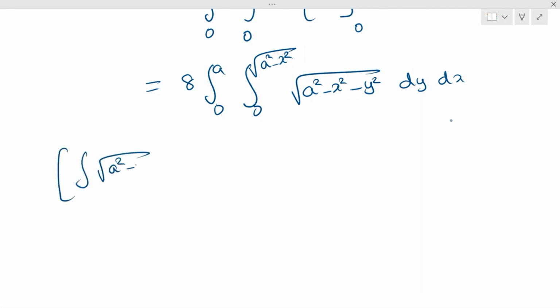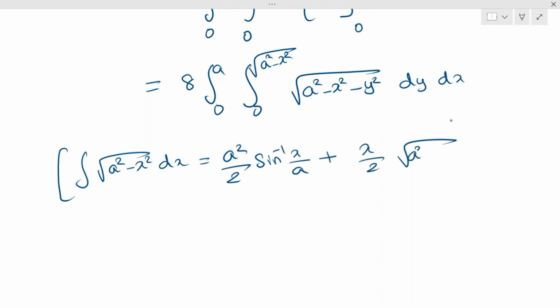Integration of root of a square minus x square dx equal to a square by 2 sine inverse of x by a plus x by 2 root of a square minus x square. Here the integration is with respect to y. So these two terms together are a constant.